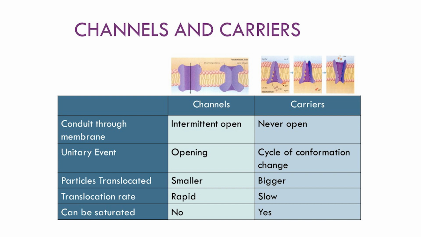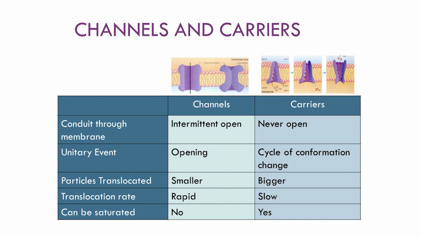But in carriers, remember this, it has to undergo conformational change. I will give you an example later on, but just take note of this. Particles translocated: for channels they are smaller, for carriers usually bigger. The translocation rate for channels is rapid, for carriers slower.